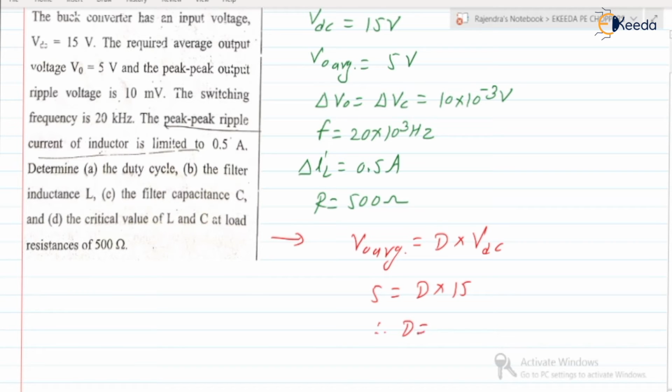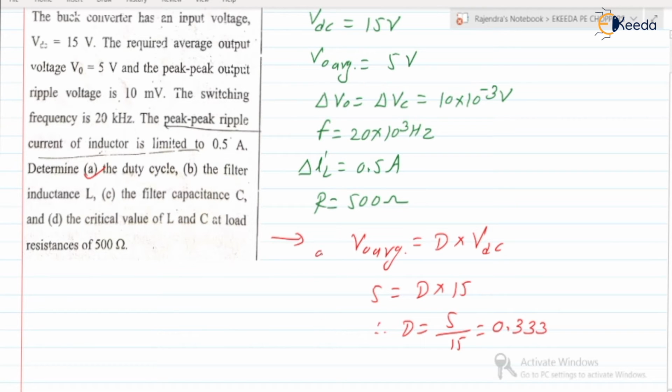Therefore duty cycle is equal to 5 by 15, which is 0.33. So 0.33 is nothing but the duty cycle. So that is the answer for the first part, A.